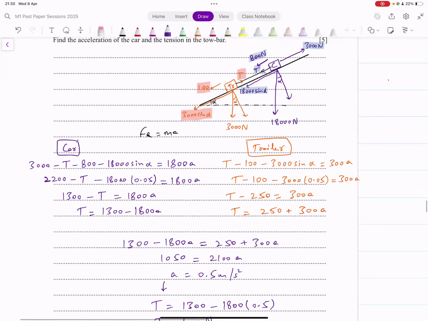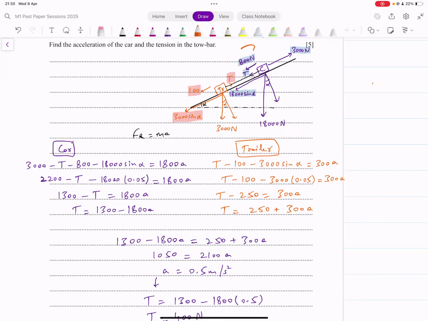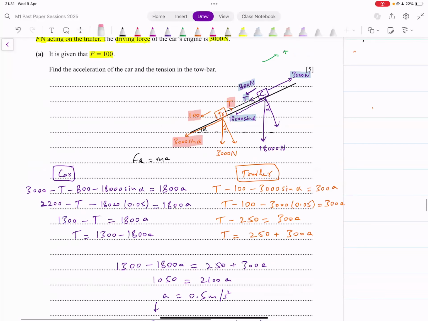A lot of people end up forgetting one of these forces. So be careful. Otherwise, this question is not that difficult. It just requires a lot of calculation, and you need to avoid careless errors in that. Okay, that was part A of this.